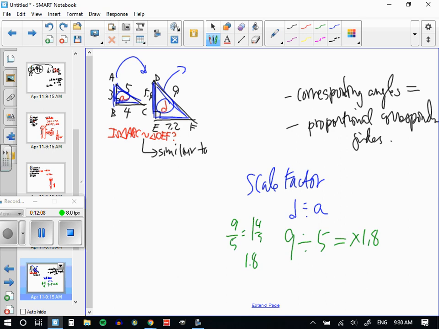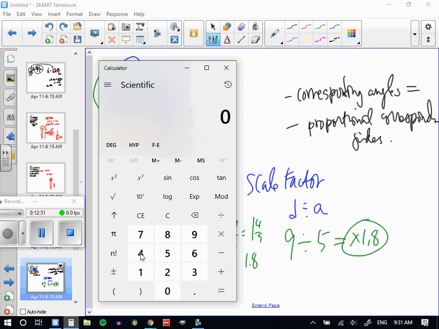So therefore, the scale factor that I used in this actual triangle is, I multiplied every one of those sides by the scale factor of 1.8, because that's what I multiplied 5 by to get 9. So if 4 times 1.8 is 7.2 and 3 times 1.8 is 5.4, then these two triangles are proportional. So I take 4 and multiply it by the scale factor of 1.8.